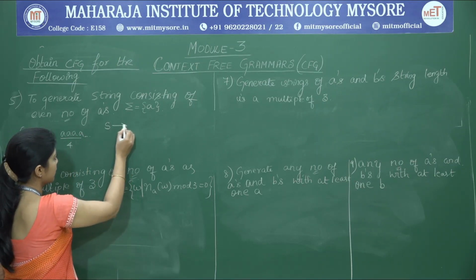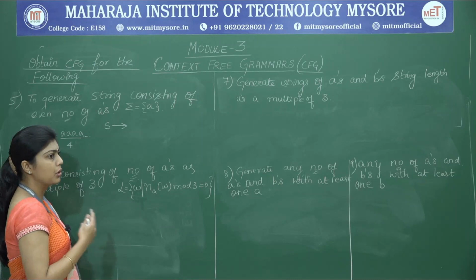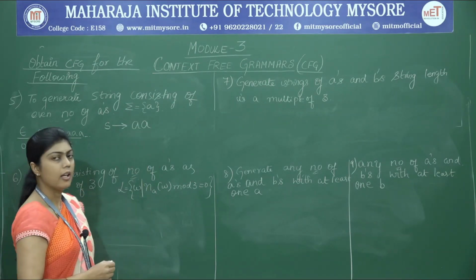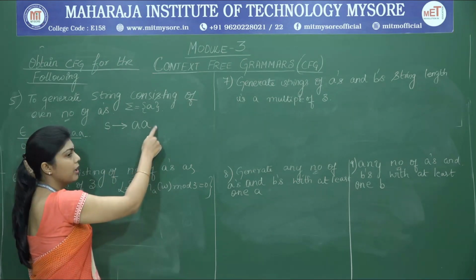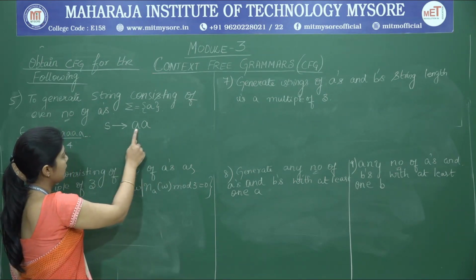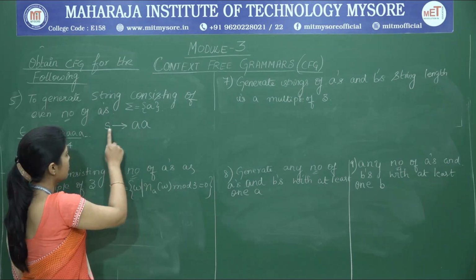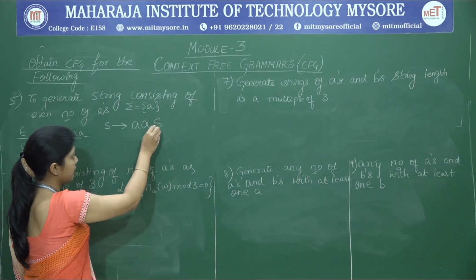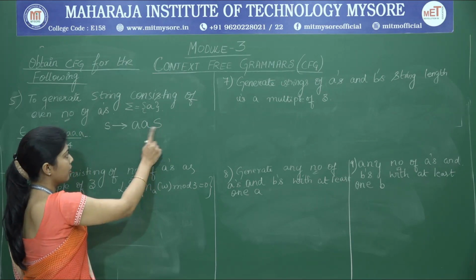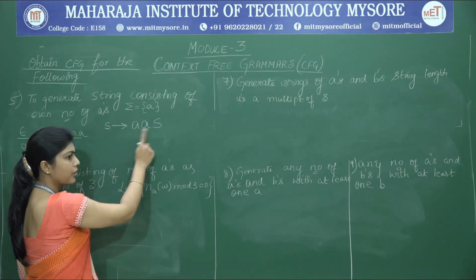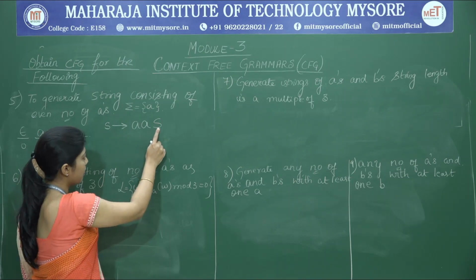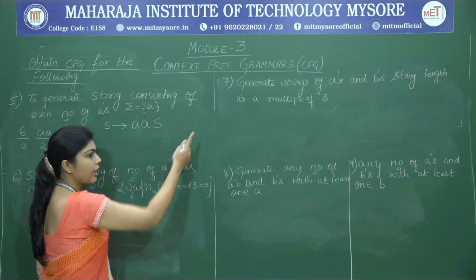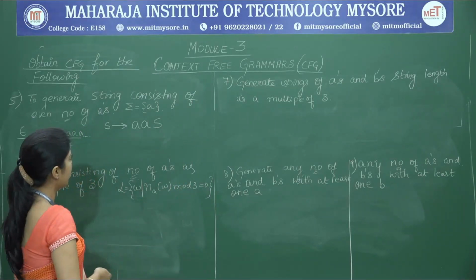So the repetition has to be in terms of 2 A's. Therefore we are going to write 2 A's here, and these 2 A's have to be repeated. So which is the variable that is generating 2 more A's? That is nothing but the variable S. So I am going to write S here. This S is going to again generate 2 more A's, so that will result in 4 A's. The same S can also produce 6, 8 and so on, all the even numbers of A's.